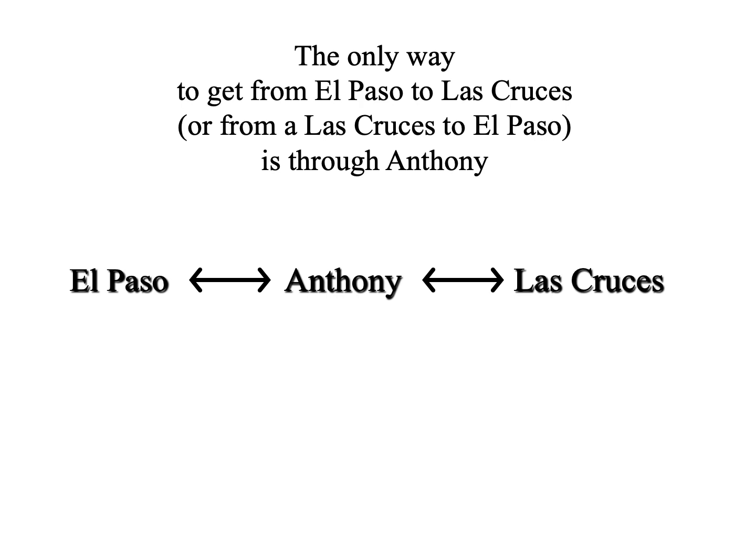To understand about how to get from raw scores to percentiles or vice versa, I want you to imagine you have to drive from El Paso to Las Cruces on I-10. The only way to get from El Paso to Las Cruces is through Anthony. There isn't any other way.